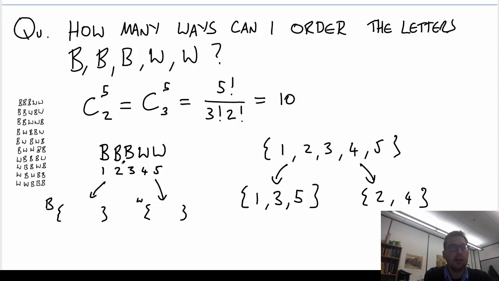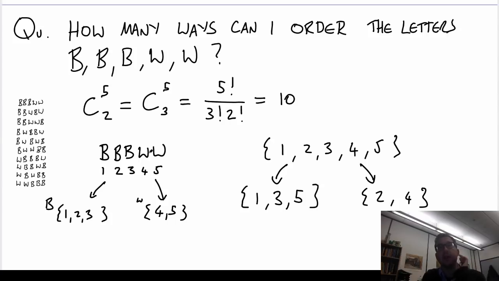And I'm saying that the first 3 digits, 1, 2, and 3, go into the black bucket, and the last 2 letters go into the white bucket. So you can see that each way of dividing up these 5 digits into a set of 3 and a set of 2 corresponds exactly to each way of dealing out these 5 cards between 2 people.